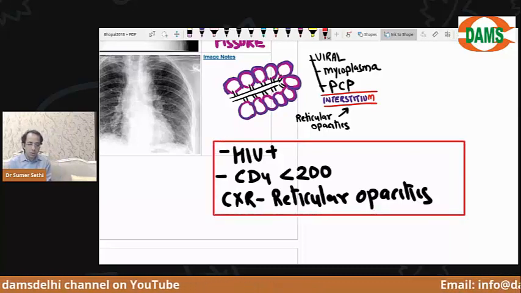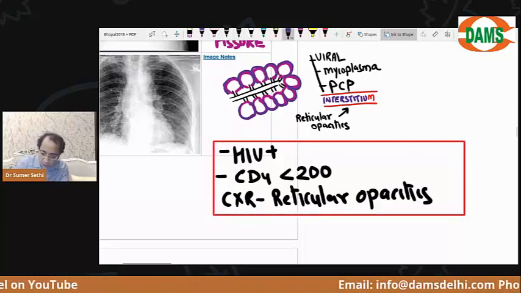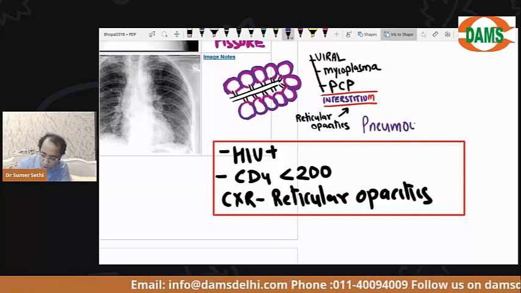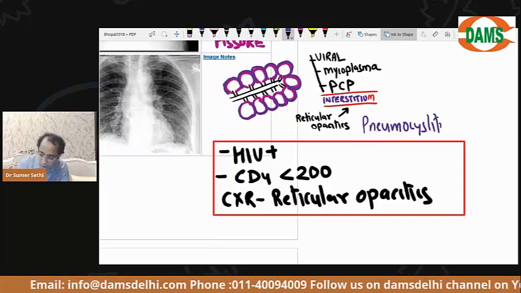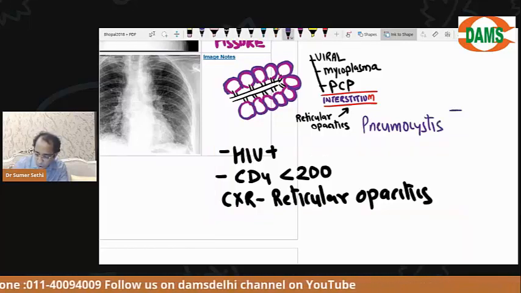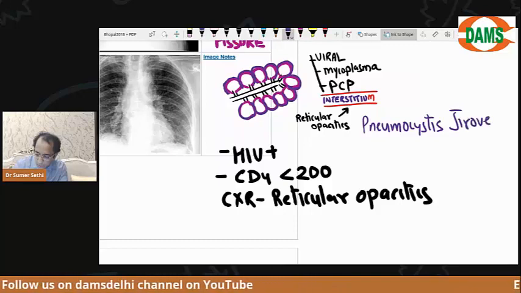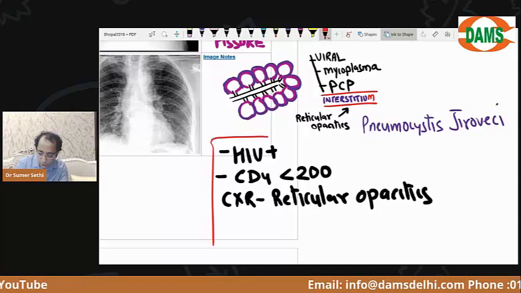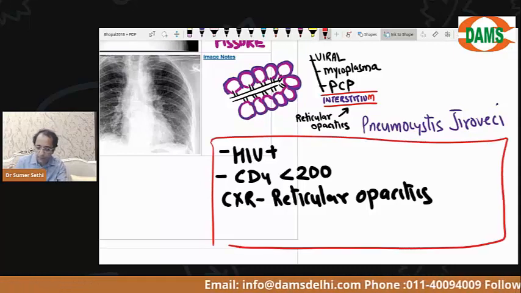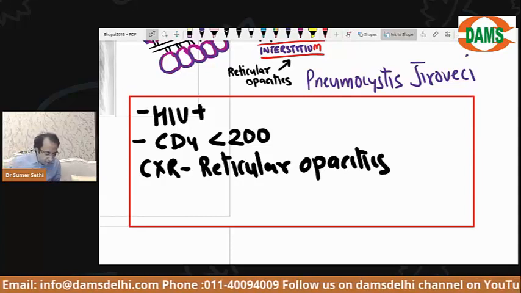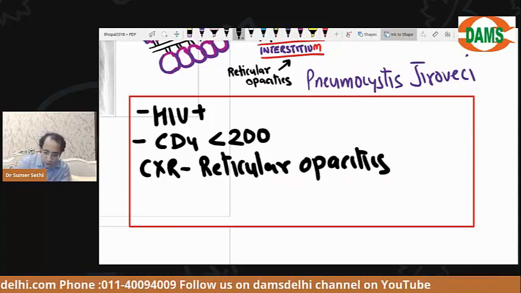You will start suspecting infection by an organism called pneumocystis jirovecii. Start thinking of pneumocystis jirovecii pneumonia. Are you able to see the word reticular is helping me? My question is, let's see if you can answer.